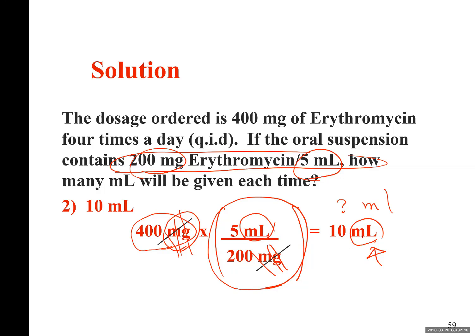So the answer is 10 ml. You have 1 significant figure here, and the answer has 1 significant figure. Remember, these zeros are assumed normally not significant when they come after a number, before the decimal point.